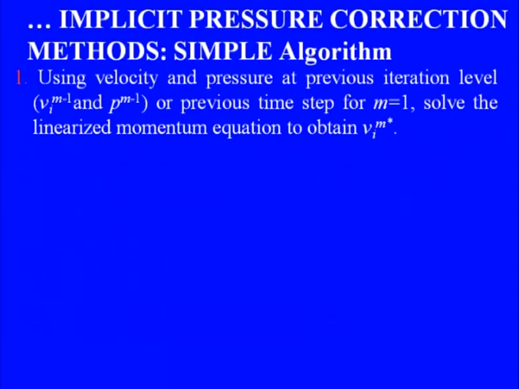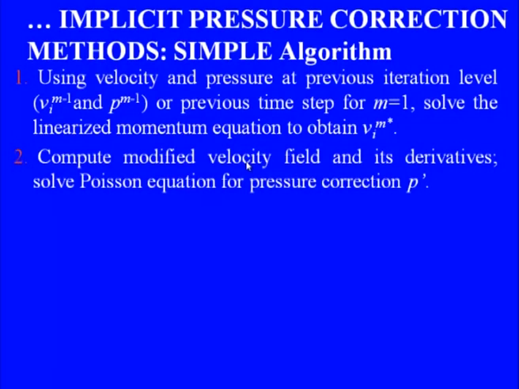Okay. Now, let us formalize the steps in an algorithm form. The first step is very similar to what we have seen earlier: use velocity and pressure at the previous iteration level or at the previous time step to solve for V_i^m star, compute its derivatives and solve the Poisson equation for pressure correction P prime.